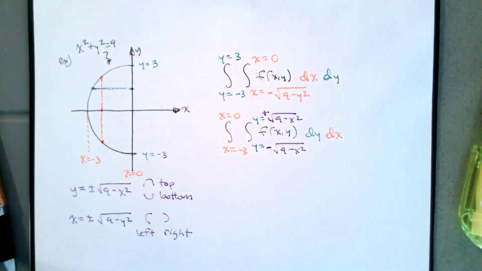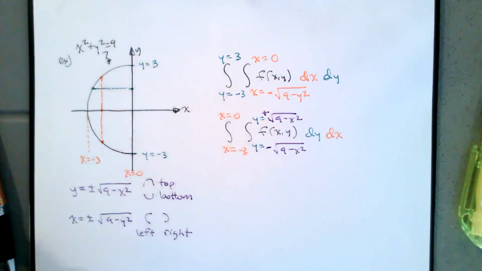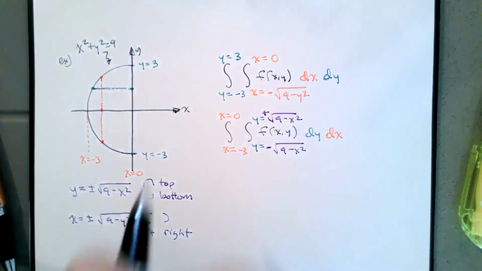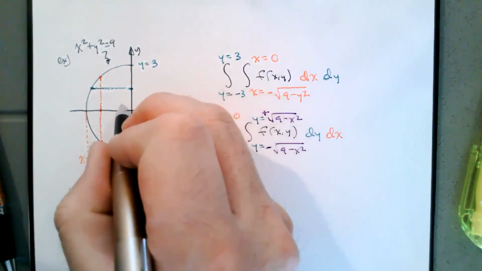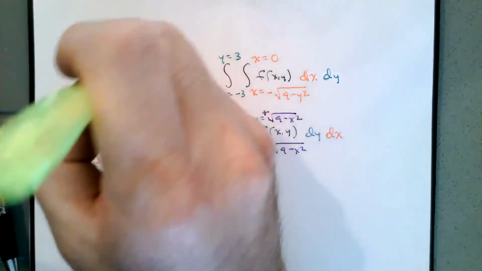For any x value, go from the bottom half of the circle to the top half of the circle. We don't have to worry about what's going on in the right side of the circle because I've restricted that with the x values. X only goes between -3 and 0, so I'm not worried about this. I'm not going to get anything on the circle over here. And that's how we can describe this region with a pair of double integrals. Any questions?